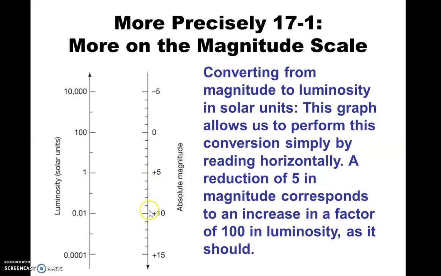If you go to an object that has an absolute magnitude of 10, from a star with an absolute magnitude of positive 5, it dims to an absolute magnitude of 10. Notice it would be 1 over 100 in luminosity compared to that of the sun. All right, and then if you go another 5 steps, each 5 steps, it goes down by a factor of 100.